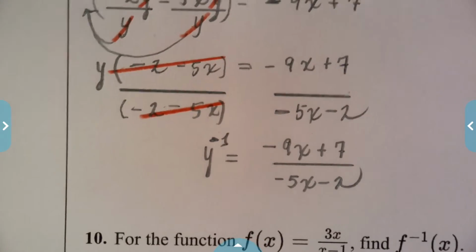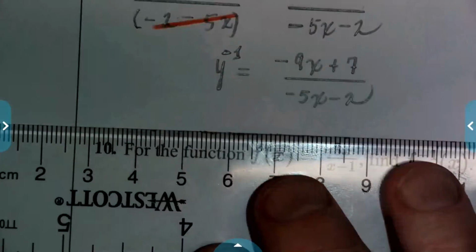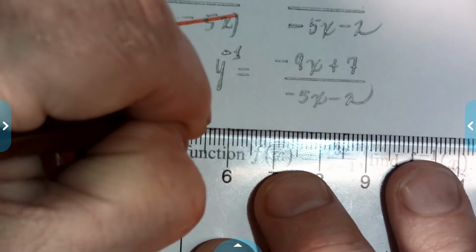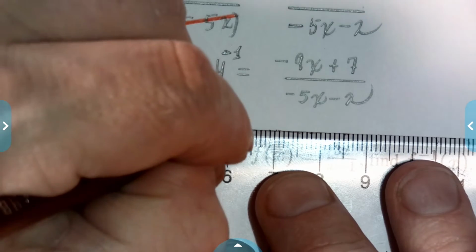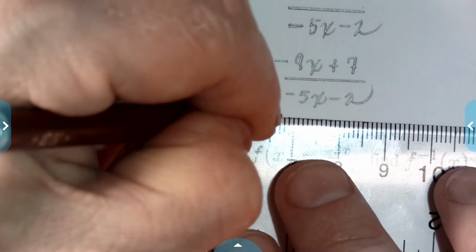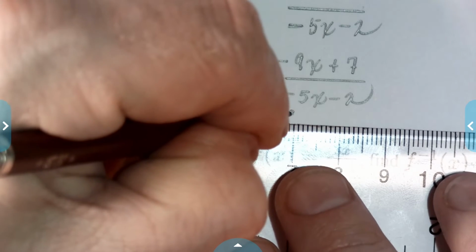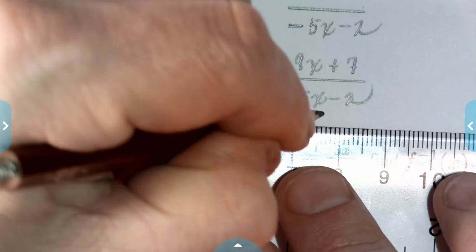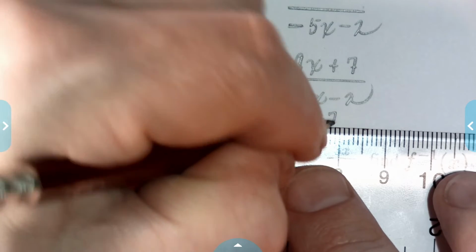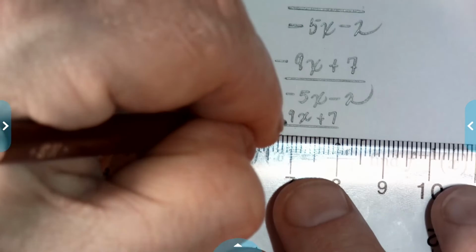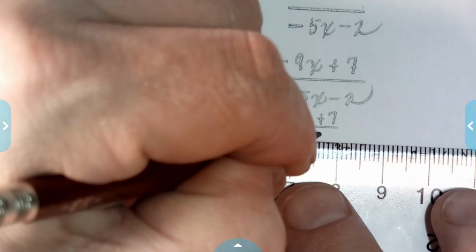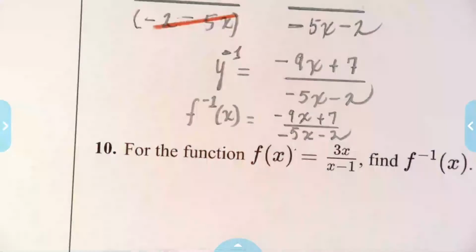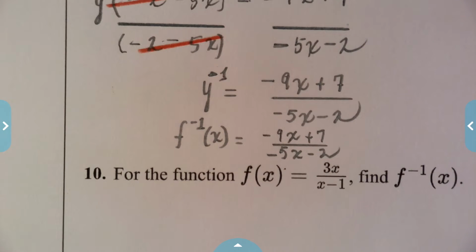And then putting that into function notation, we would say the inverse function of x is equal to negative 9x plus 7 over negative 5x minus 2. Okay, and that's what I would put in the box.